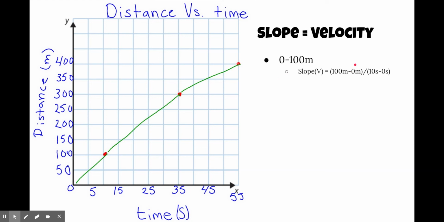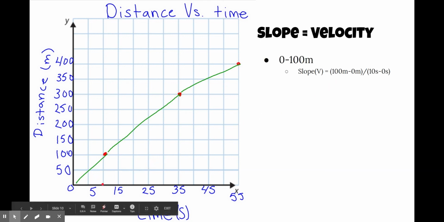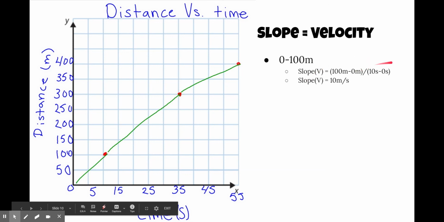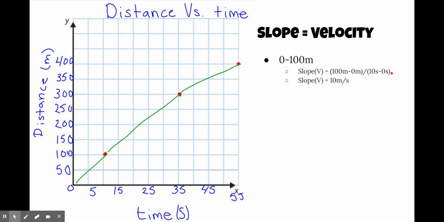So 100 meters minus 0, divided by the run along the x-axis of 0 seconds and 10 seconds. So 10 seconds minus 0. 100 divided by 10, we have 10 meters, because we have meters up top and seconds on the bottom. We get 10 meters per second.